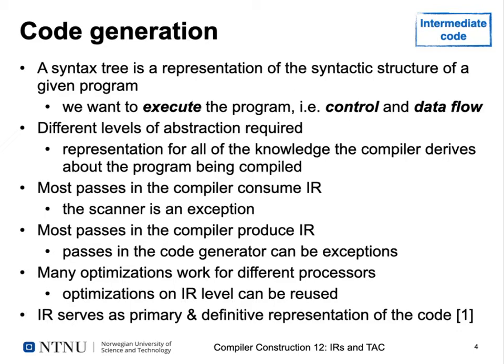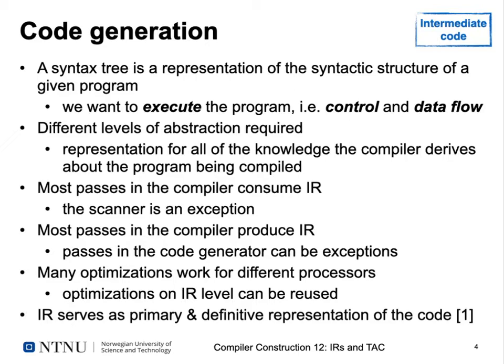So most passes in this compiler we're going to consider here are concerned with intermediate representations, so most passes consume the IR, and also most passes produce intermediate representations. The good thing about intermediate representation is that it's somewhere on a level between your source code and the machine code you're trying to generate.